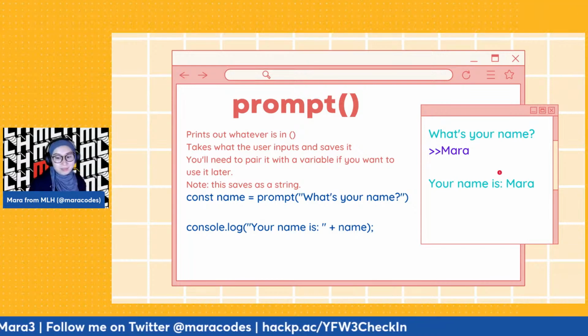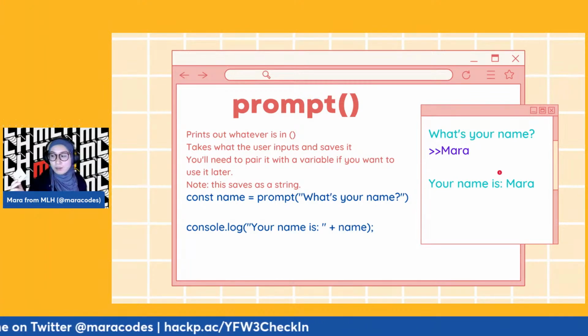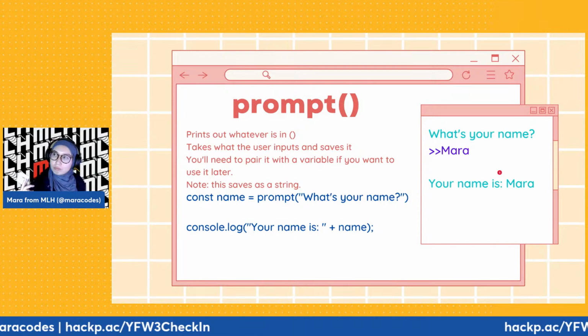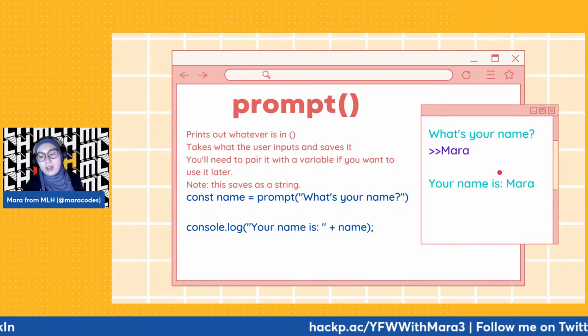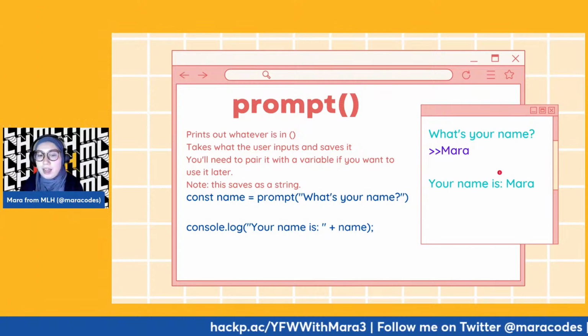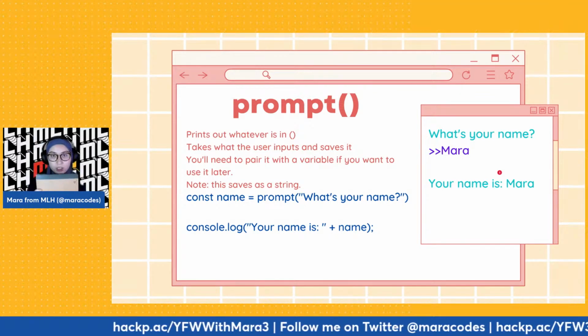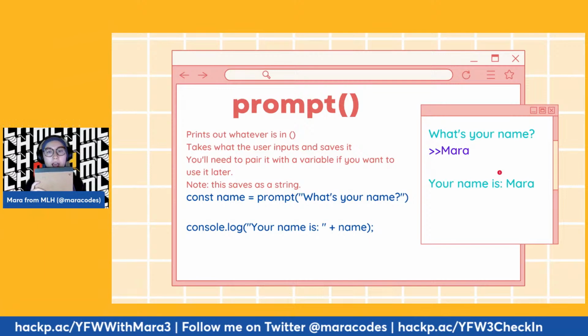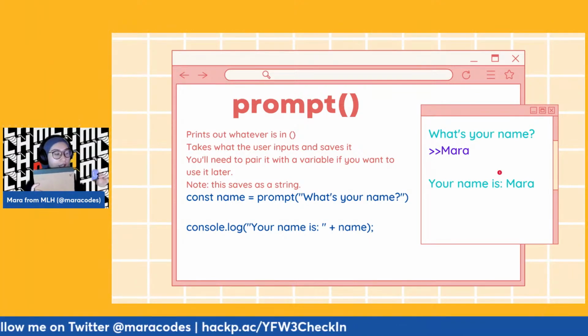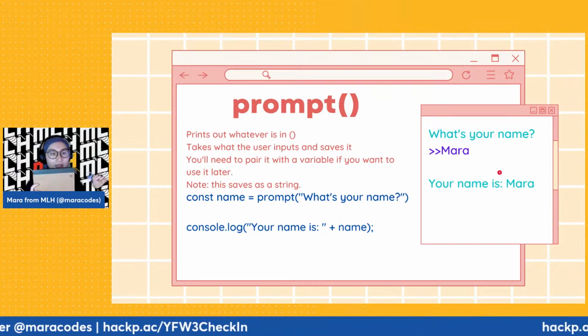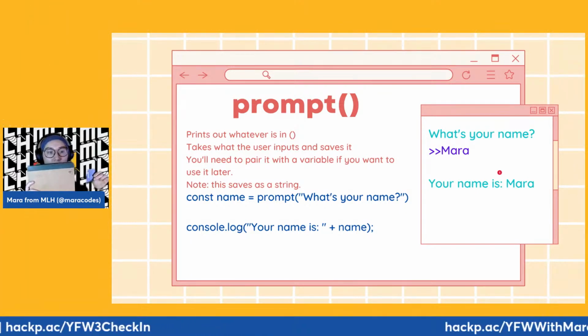But if you assign it to a variable, then it's kept. Say I have the prompt function, and I have it print out, what's your name? And then I, as the user, input my name.